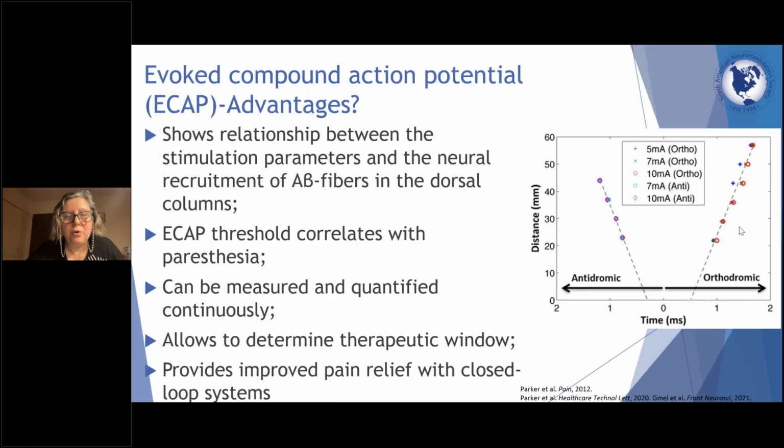Moving on to the evoked compound action potential, ECAP. What is the advantage of having this waveform and this possibility in our toolbox?